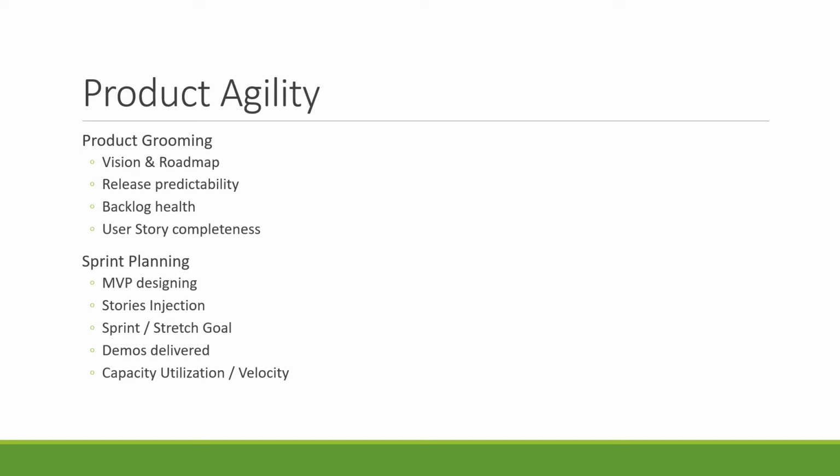Even though they are part of almost all the ceremonies of a Scrum, they will lead or chair the product grooming and sprint planning meeting. So these are the scope of this product agility video series I'm planning to cover, on product grooming and sprint planning. Every day we'll cover one small topic in these areas of product agility.